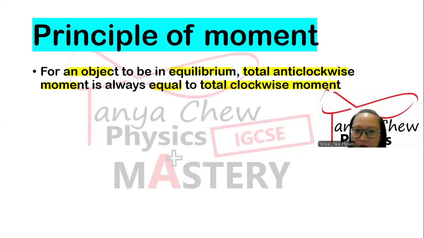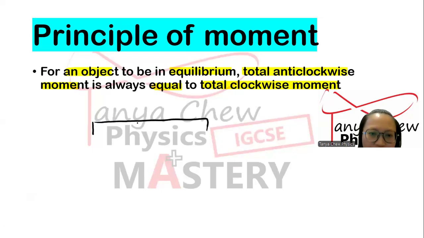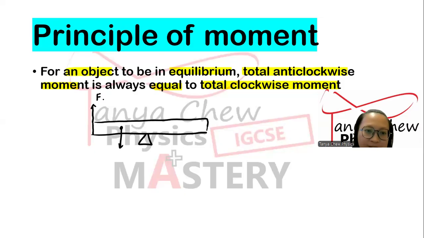So you have to identify, do you know how to see what is clockwise moment and what is anti-clockwise moment? Let me show you. This is an object, for example, and this is a pivot. Sometimes it is called fulcrum. Let's say I have a force acting upwards here and a force acting downwards here. This is F1, this is F2, and this is F3.